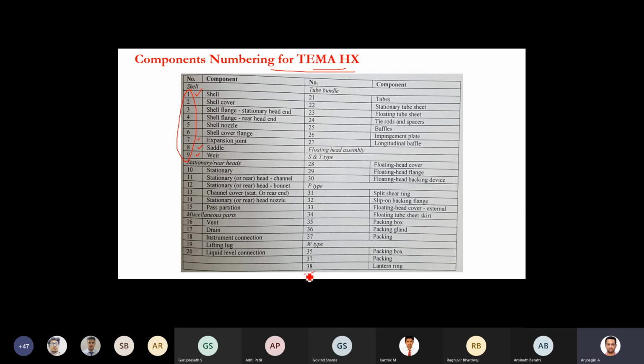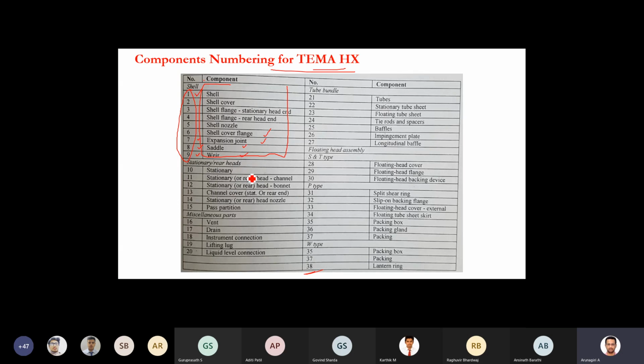You have around 38 components. These are all the shell side components: shell cover, shell flange, stationary end and rear end, shell nozzle, expansion joint, saddle and wear. Here you can add the impingement plate also.